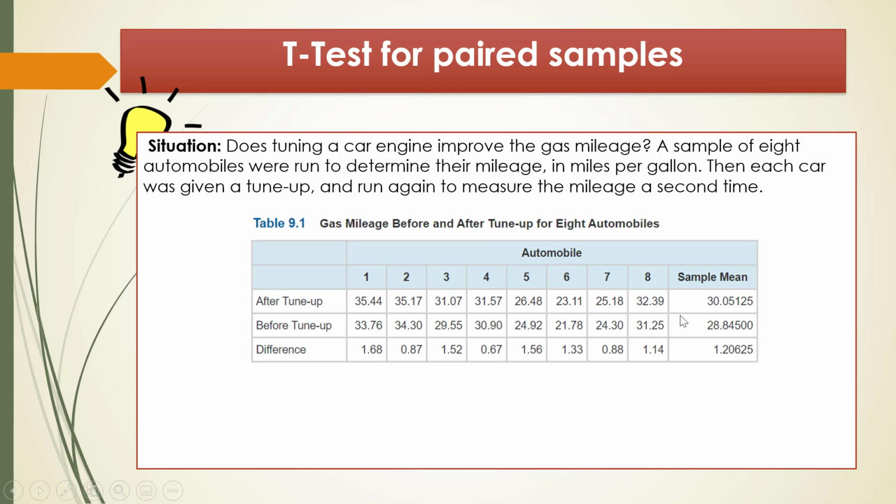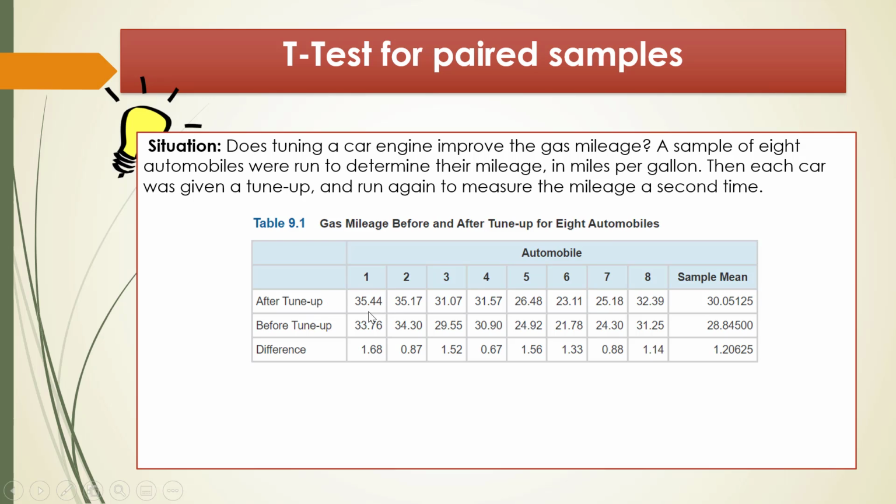We have 8 cars, and we have the mileage before tune-up and after tune-up. This is an example of paired samples because we use the same 8 cars for 2 treatments. One is before tune-up and the other one after tune-up.